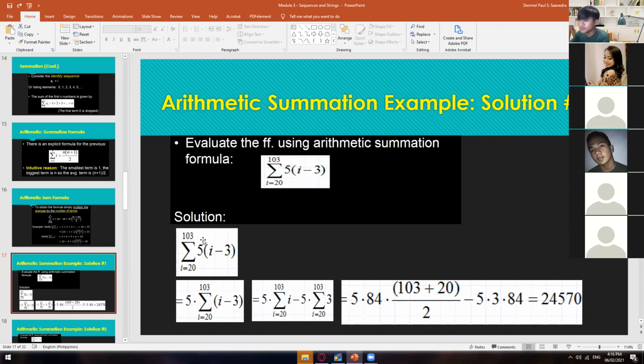Okay, so here we have the solution. You can start with this one, and then you can bring out this one on the other side. As you can see, we have here the 5 times the summation from 20 to 103. The remaining one is i minus 3. The second step is like multiplying this 5 on this equation, and then separating the minus 5 times 3 on the other side.